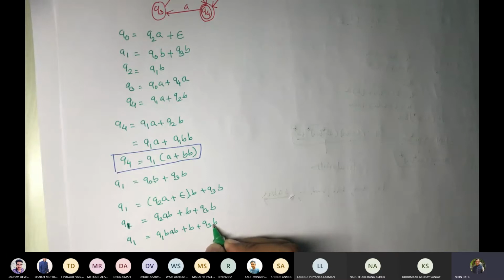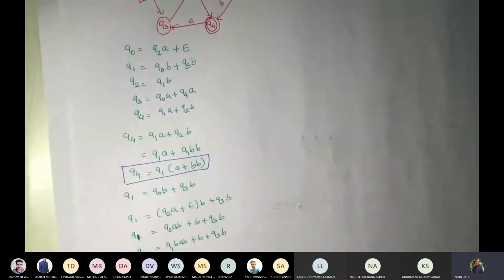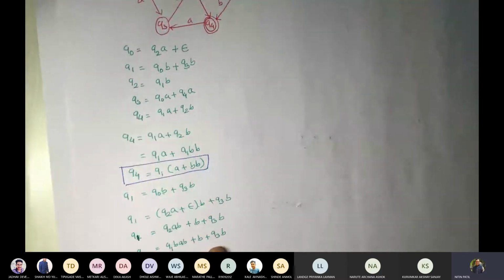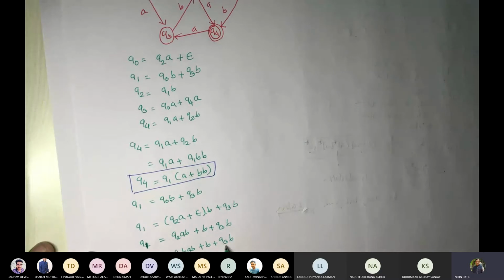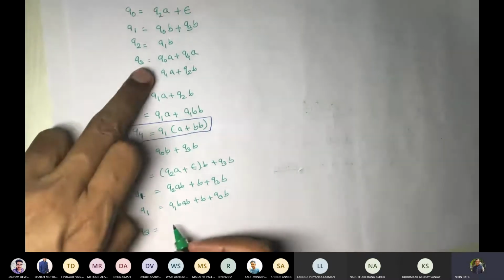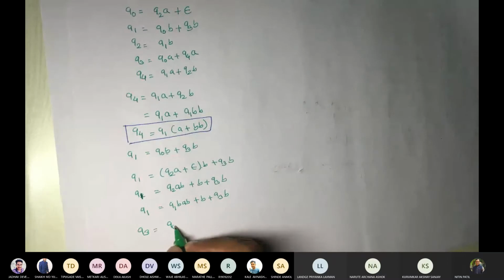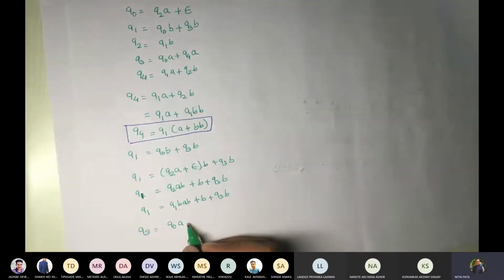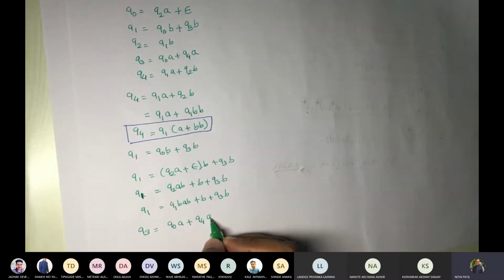Now let us see Q3 first, because we cannot write directly this. We cannot combine this together. Correct? It is not R or Q. So we need to solve Q3. So we'll keep this as it is. So we'll write Q3 now. What is Q3 here? Q0A plus Q4A.